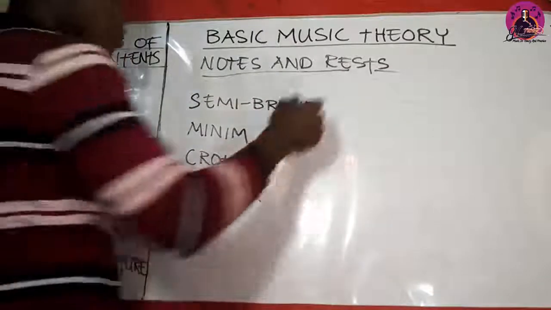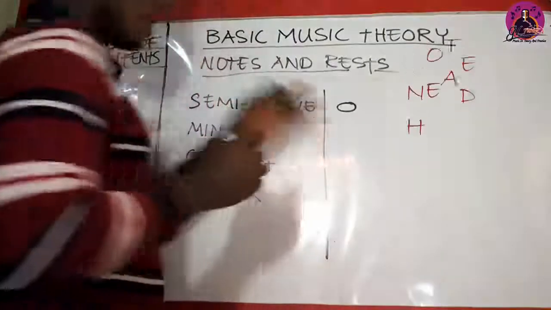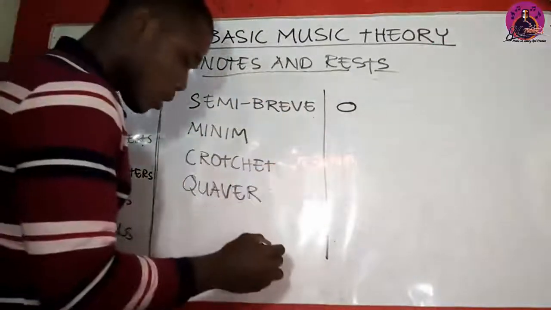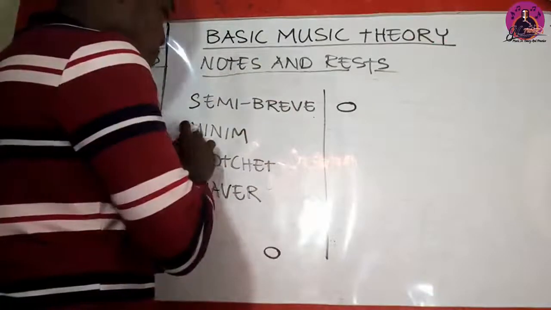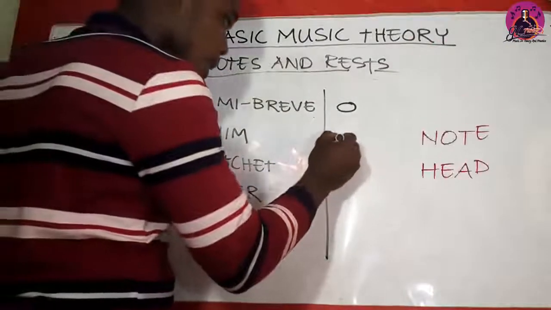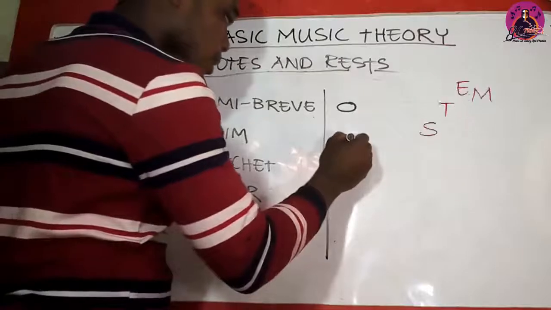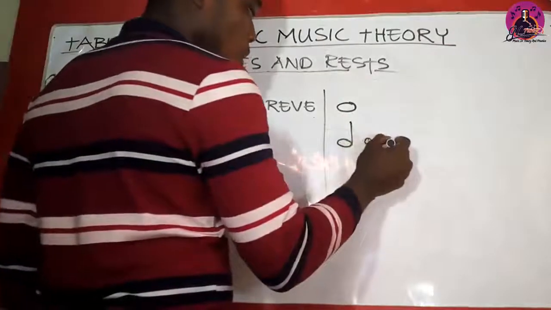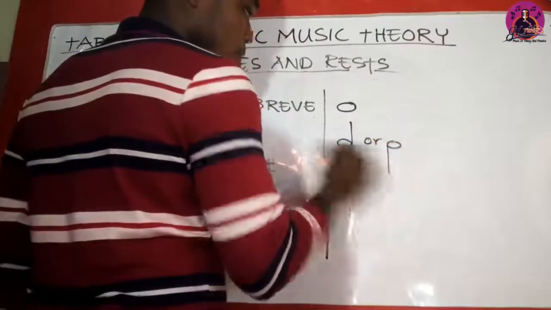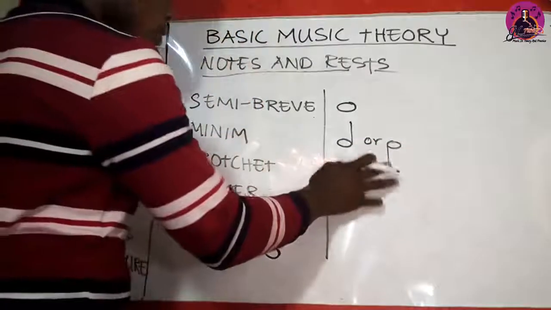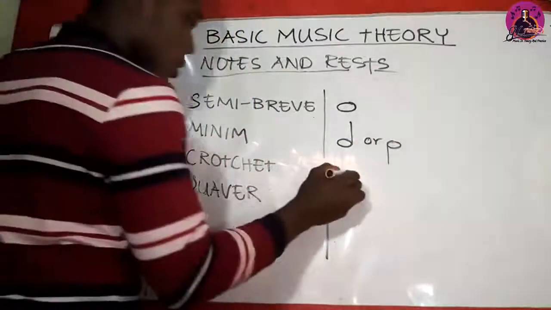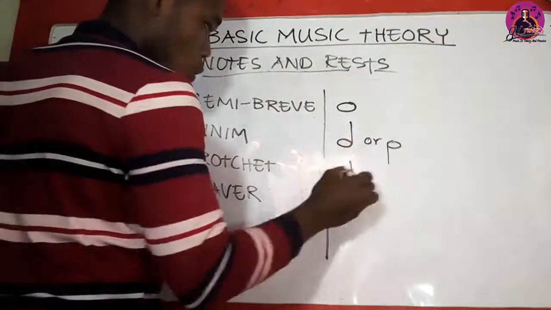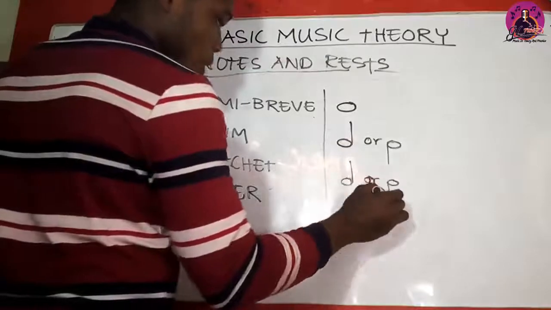So the semibreve, this is the symbol, just a head like this. A typical note has a head. The minim has a head and a stem, either pointing up or a head and a stem pointing downward. Then the crotchet has a head and a stem pointing upward or pointing downward.